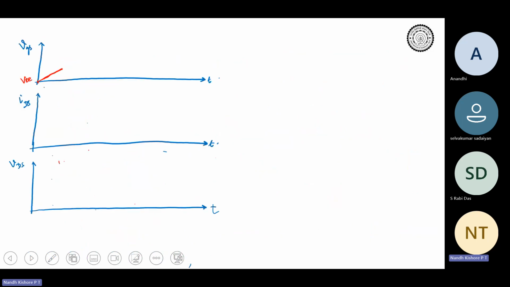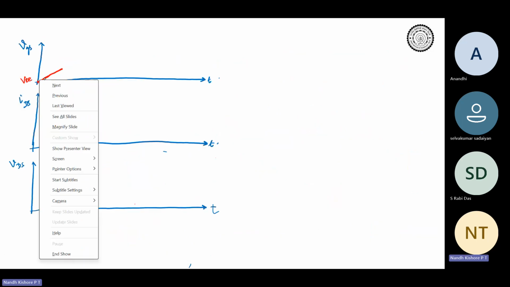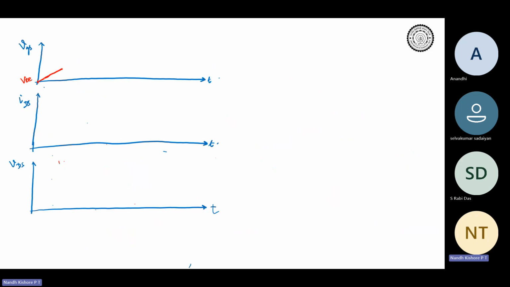So the gate source voltage increases until this point, where I have hit my threshold voltage. This is my threshold.